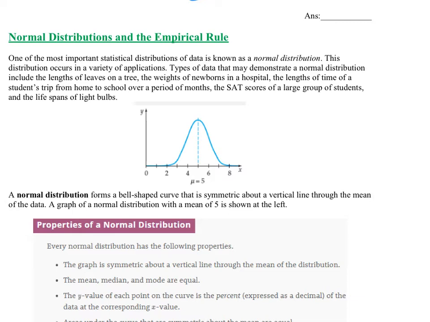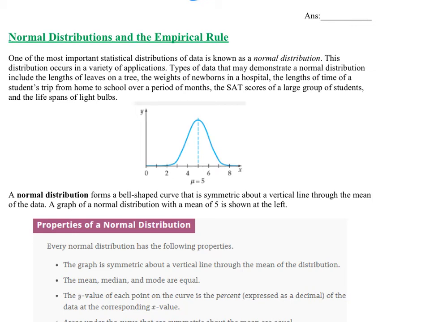It says types of data that may demonstrate normal distribution include the lengths of leaves on a tree, the weights of a newborn in a hospital, the lengths of time of a student's trip from home to school over a period of months, the SAT scores of a large group of students, and the lifespans of light bulbs. So we can find normal distributions in certain areas naturally.